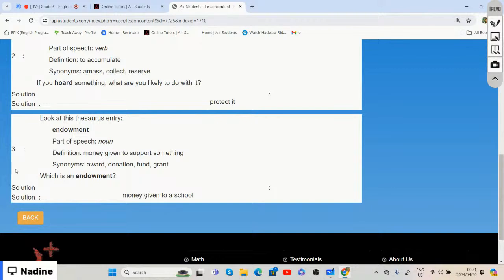So we have the word endowment, and it is a noun. And the definition of that word is money given to support something.